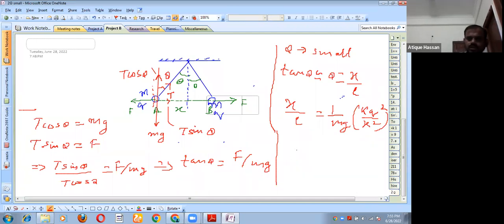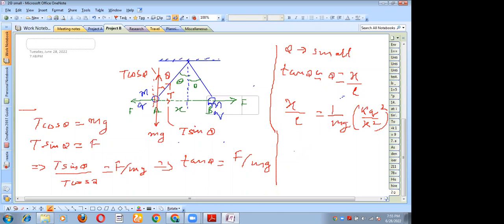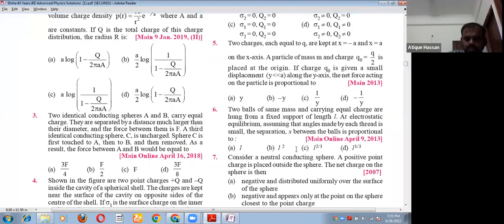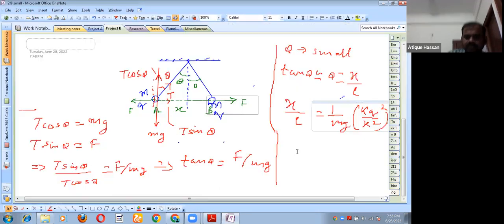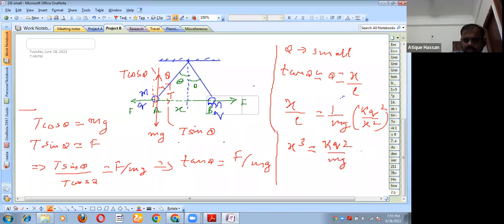From here, what was asked in the question is the separation x; we have to find the relation between x and L. So x cube will be equal to kq square by mg into L. Other things are constant.